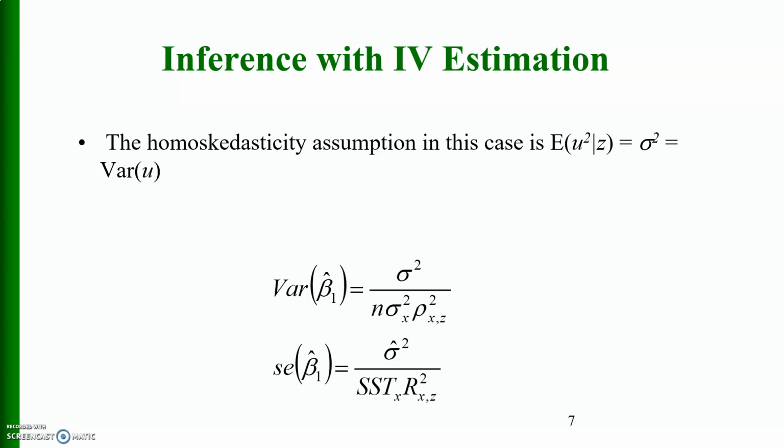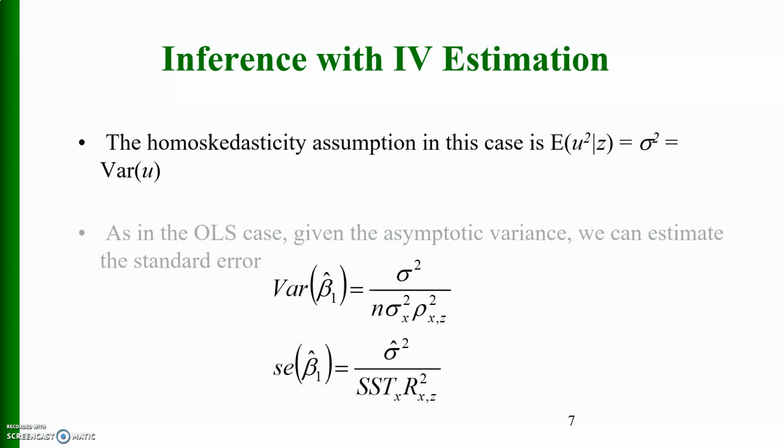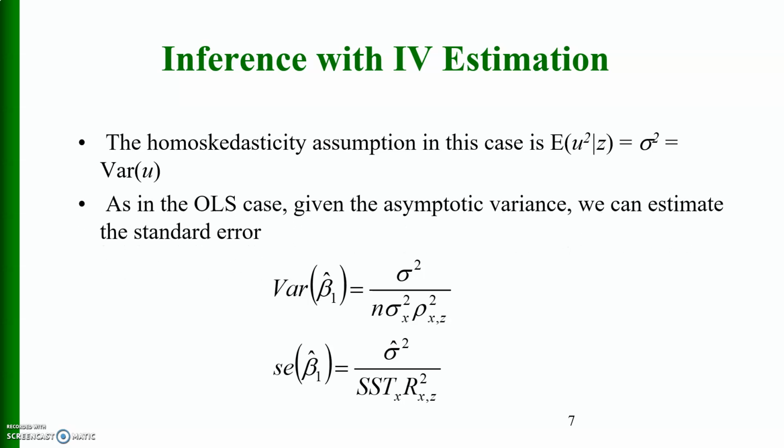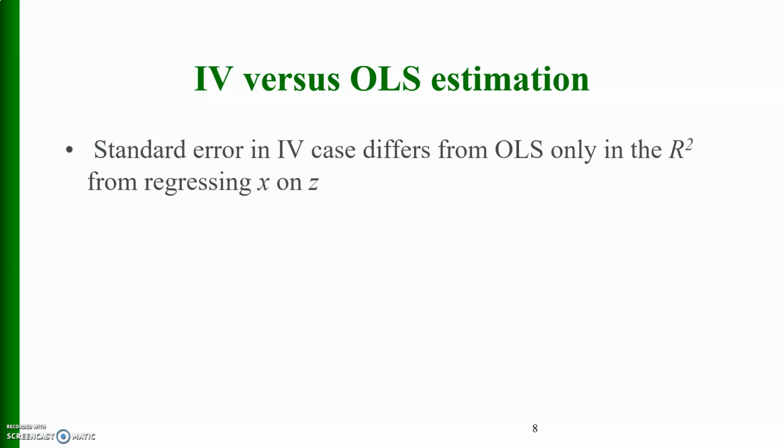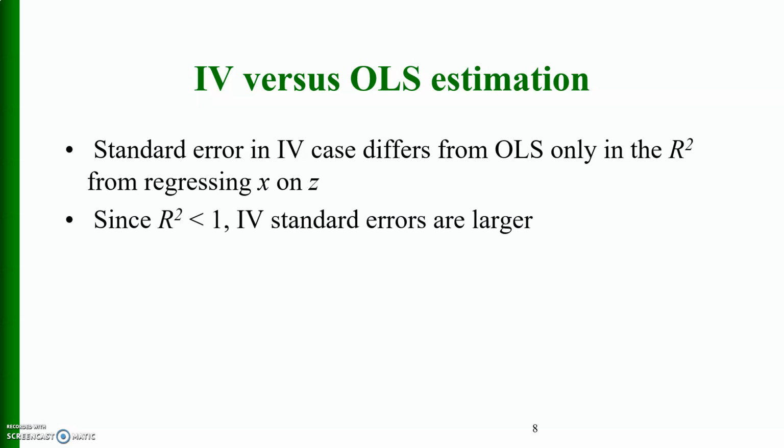The homoscedasticity assumption in this case is that the expected value of u squared given z is equal to sigma squared. As in the OLS case, given the asymptotic variance, we can estimate the standard error as follows. You can see the standard error in the instrumental variable case differs from OLS only in the R squared from regressing x on z.